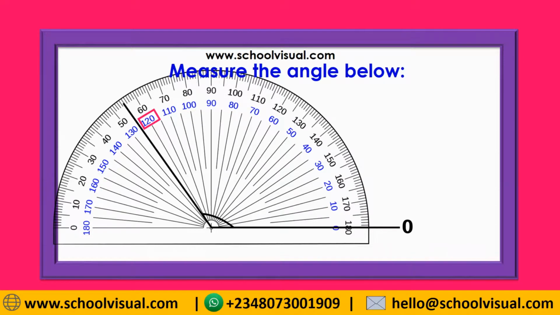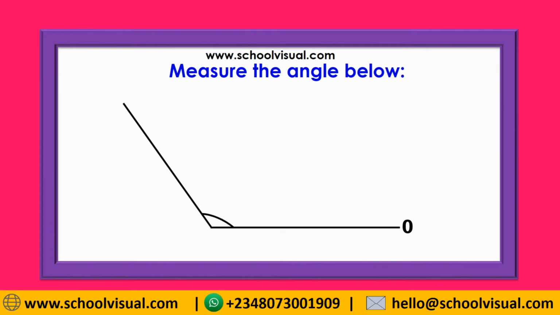So the line after it is 125. If you count the tiny lines, after 120, 121, 122, 123, 124, it will be 125. So the angle here is 125 degrees.